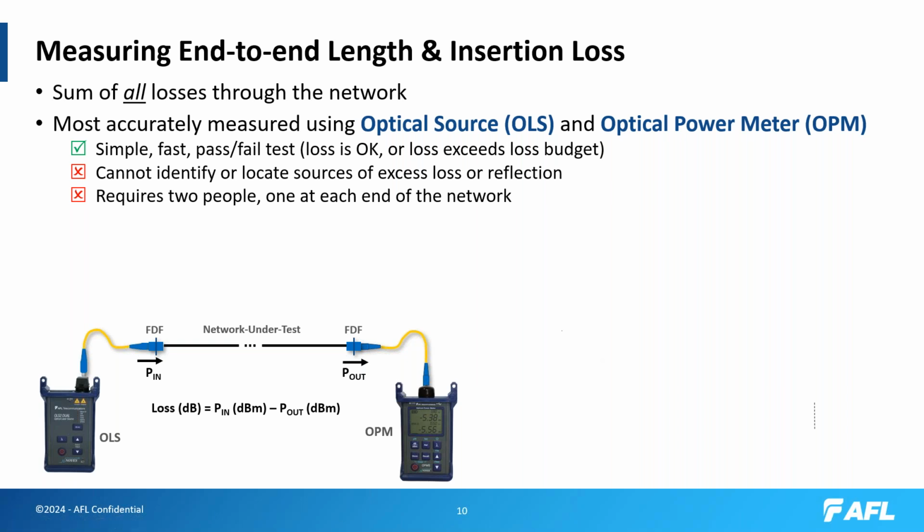And if you're measuring at more than one wavelength, typically 1310 and 1550 are used to measure loss on single mode networks, you may also need to coordinate between the user of the light source and the user of the power meter to switch wavelengths, unless you have a wave ID capability, such as we include in our light sources and power meters, which supports testing 2 wavelengths or even up to 3 wavelengths at once.